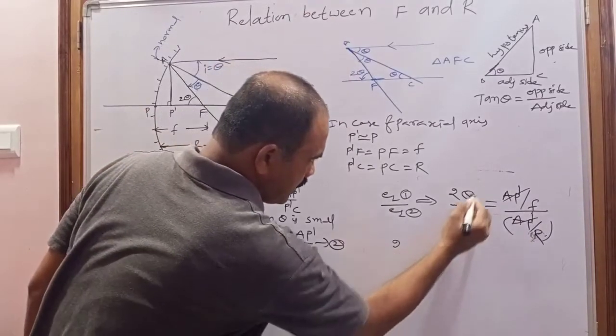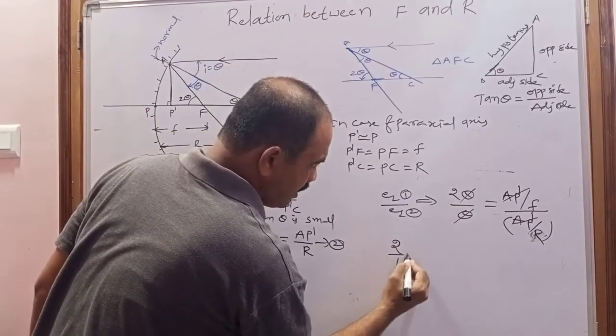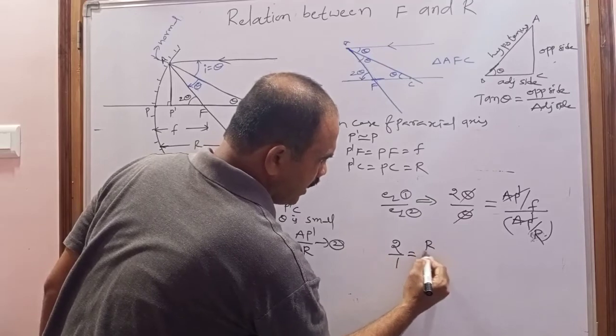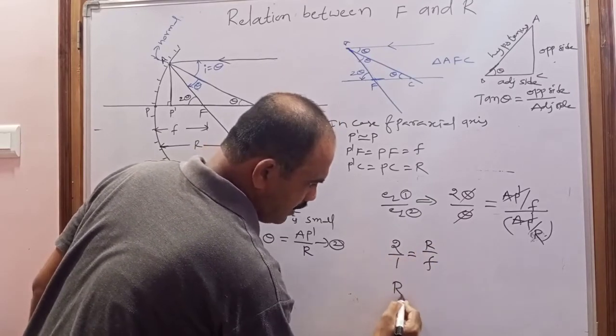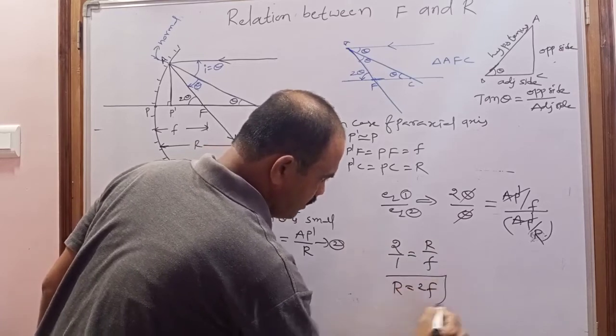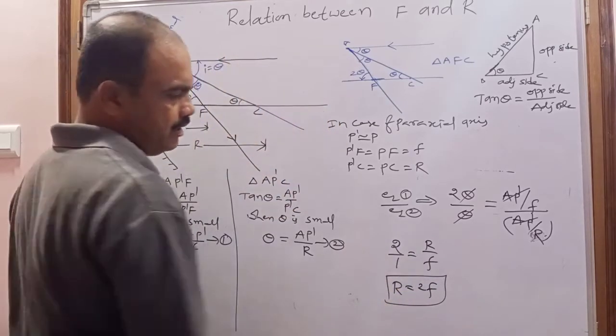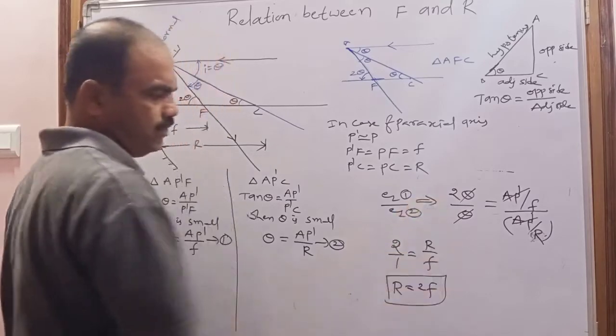Theta is also cancelled. 2 by 1 equals R by f. Doing the cross multiplication, we get R equals 2f. This is the relation between the radius of curvature and focal length.